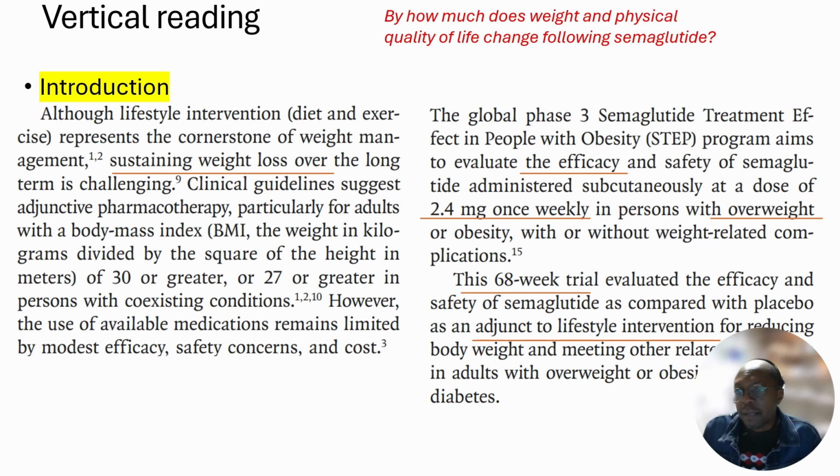In this case, it's the STEP trial, semaglutide treatment for people with obesity. They're evaluating the efficacy and the safety of semaglutide at this dose in people that are overweight or obese, with or without weight-related complications. They're looking at efficacy of semaglutide as compared with placebo as an adjunct to lifestyle intervention. That's the premise of the whole paper. If it is relevant for you, then dive in.